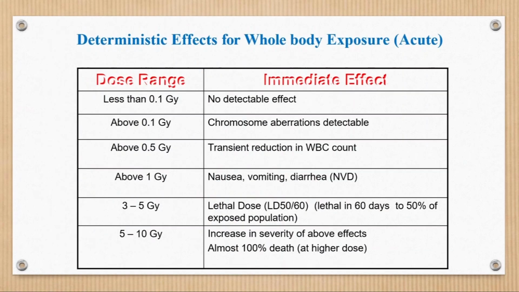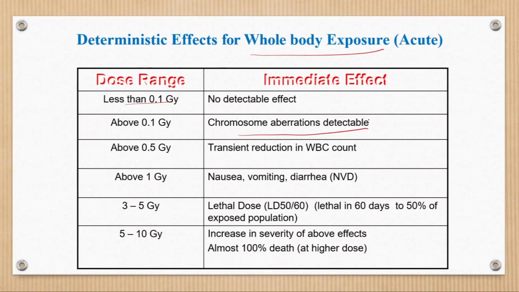Now, the deterministic effect. As I said, in a deterministic effect there is some threshold dose. So let us understand what happens with deterministic effects and what whole-body dose exposure is needed for them to happen. If it is less than 0.1 gray, there is no detectable effect. Above 0.1 gray, chromosomal aberrations, which are a form of DNA damage, are detectable.